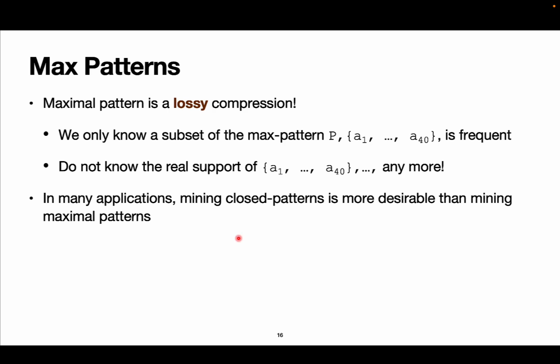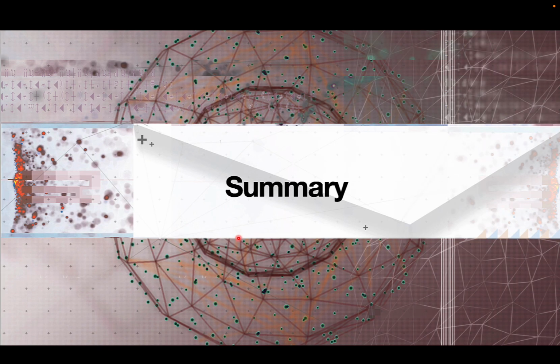So we use closed patterns more than the maximal patterns because they are more reliable and capture more information. In summary, we discussed techniques to compress frequent patterns. We talked about closed patterns and maximal patterns.